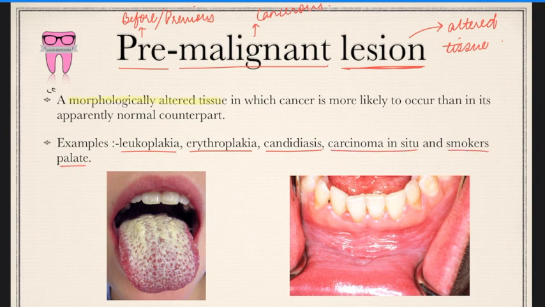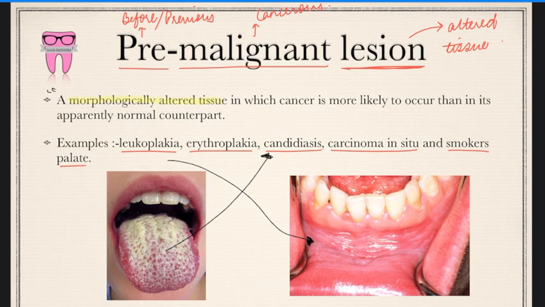You don't have to worry about these terms, you just have to memorize them for now. I'll be dealing with all these terms in detail in my coming up lectures. Here I have given the picture of leukoplakia. This is leukoplakia. It's an altered white patch. And this is a picture of candidiasis.